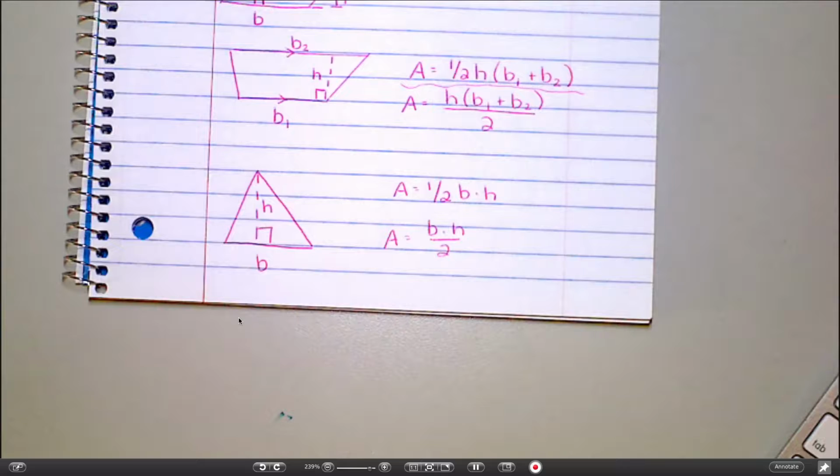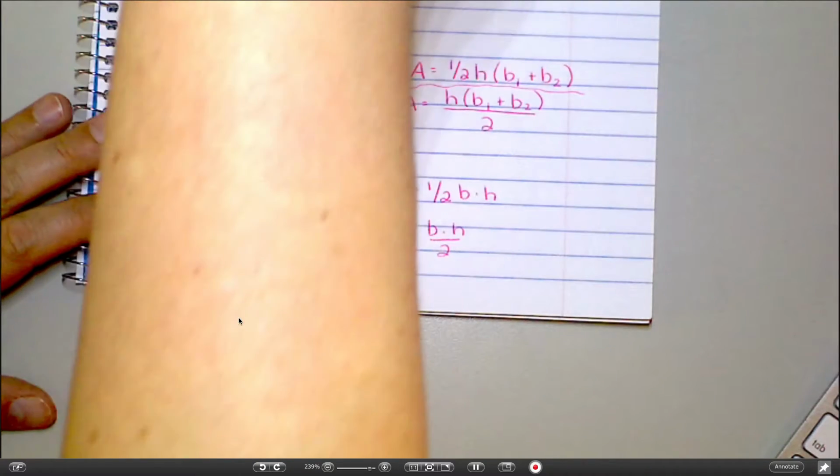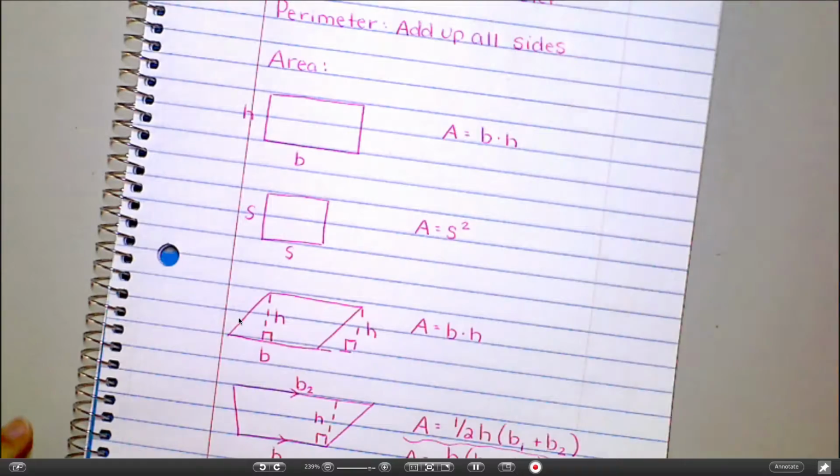I think we have just one more shape that we're missing. Anyone know what it is? What other shape did we talk about? Rebecca? Circle, yep.